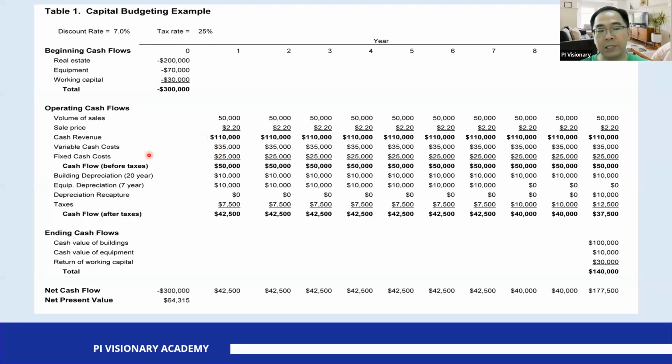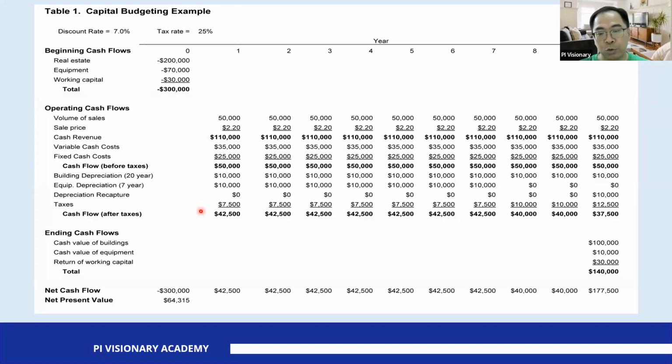Then you still need to remember variable cost and fixed cost. You see, variable cost and fixed cost, and then the depreciation. You got the depreciation, 2 years equipment. Then you got the 42,500. So you receive the cash inflow.